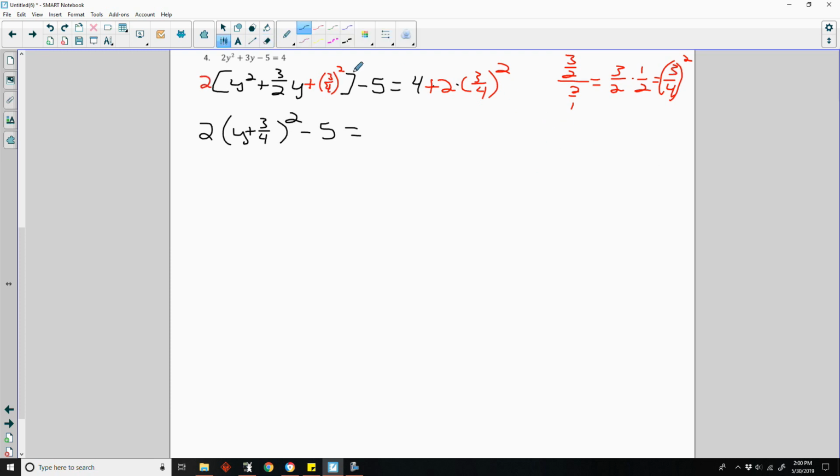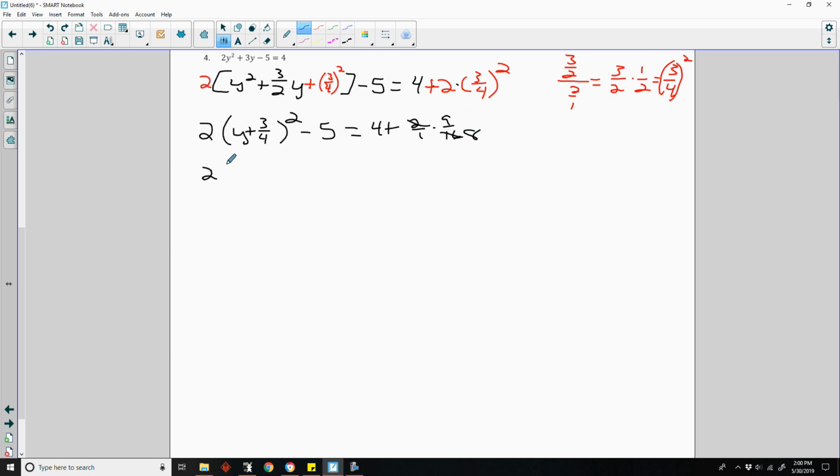We can think of this another way. 3/4 squared is 9/16 times 2. Let's do that part first. So this is going to be 4 plus 2 times 9/16, and the 2 will make the 16 8. So it's 9/8. 4 plus 9/8.